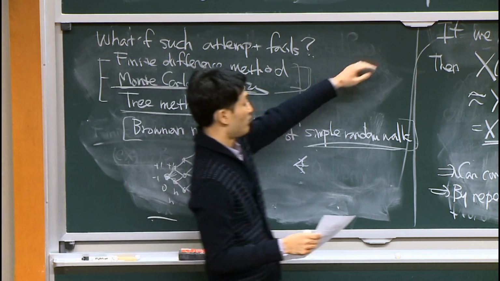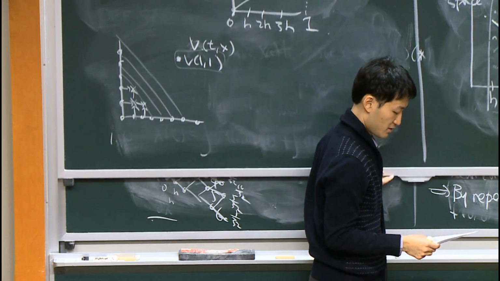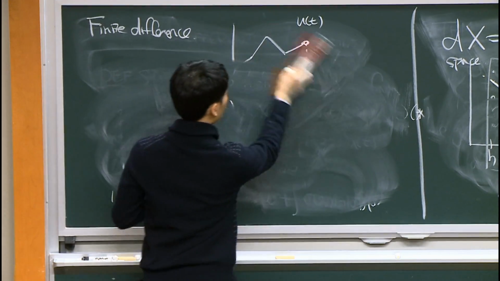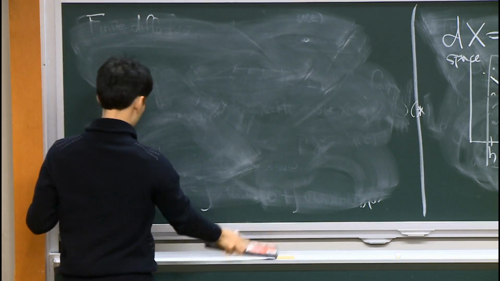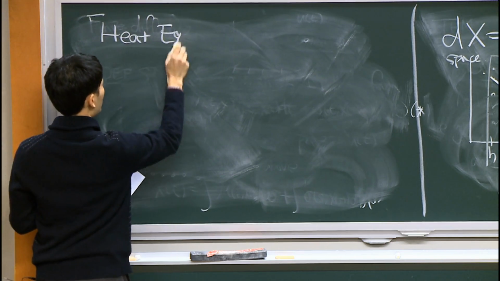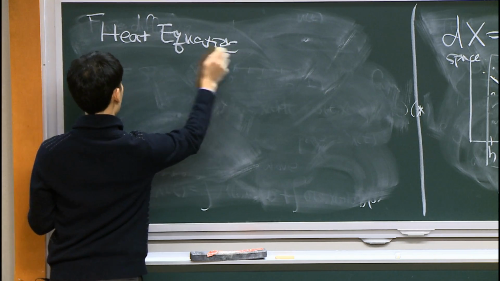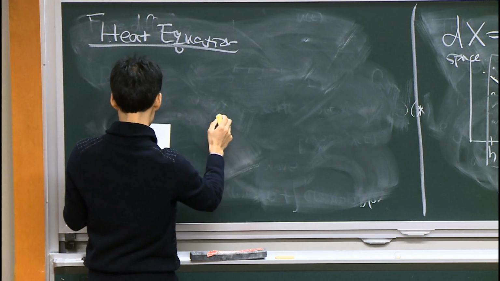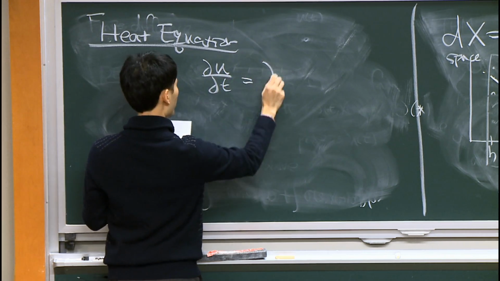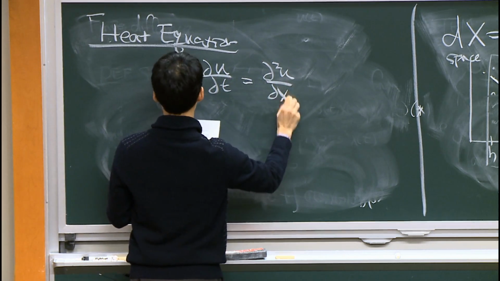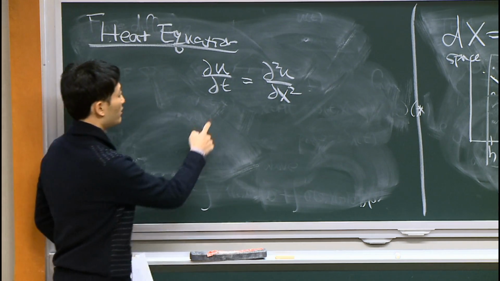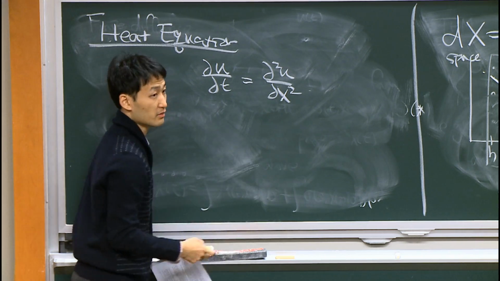Okay, so let's move on to the final topic, the heat equation. The heat equation is not a stochastic differential equation, first of all. It's a PDE. That equation is known as the heat equation, where t is the time variable and x is the space variable.